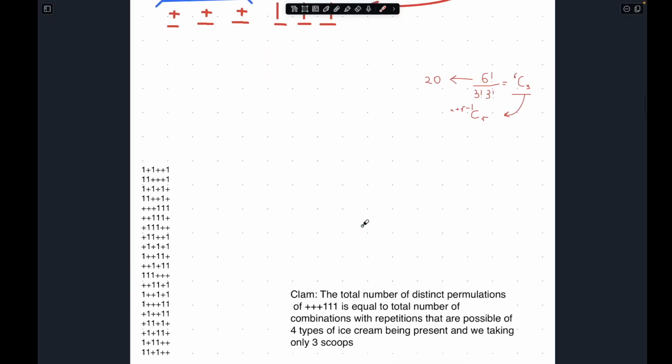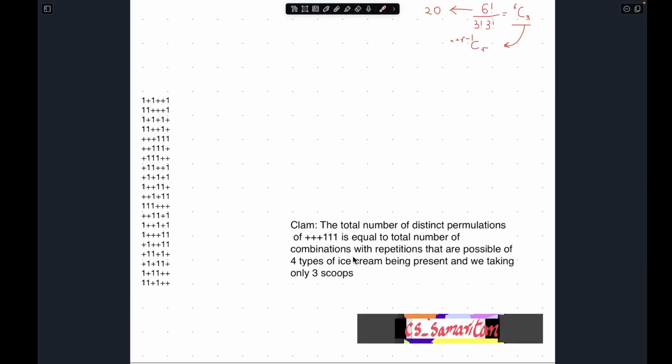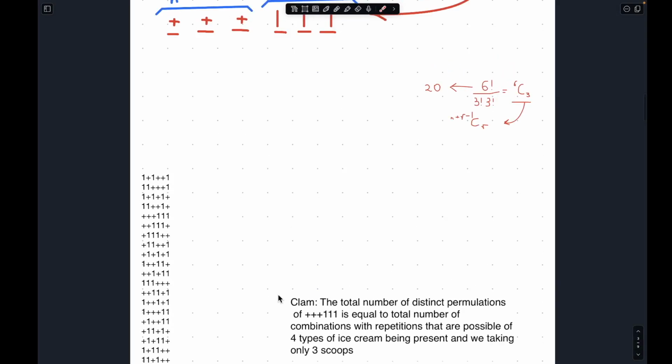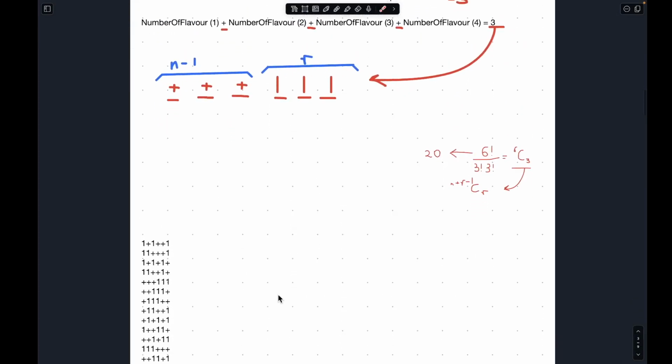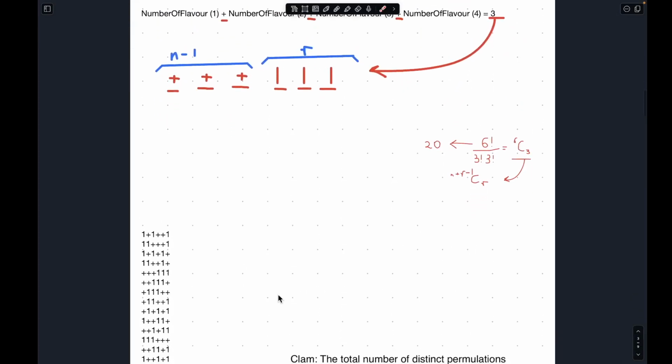It is so important that I wrote it over here also. The claim is that the total number of distinct permutations of this intermediate representation is equal to the total number of combinations with repetitions that are possible with this kind of question, right? So you would say, how is that the case? Because I don't understand. You will understand once I give you some examples, right?